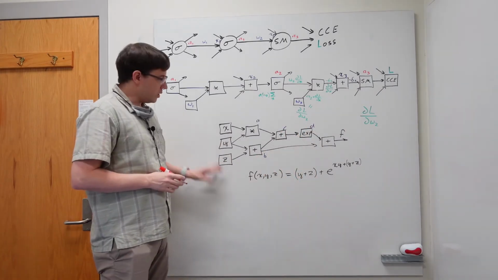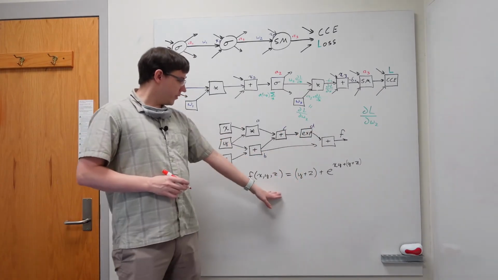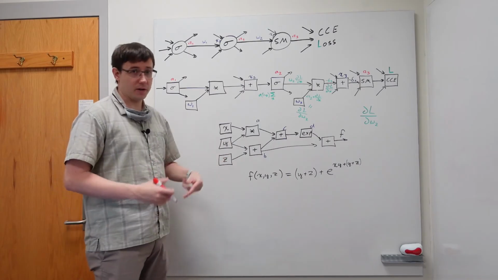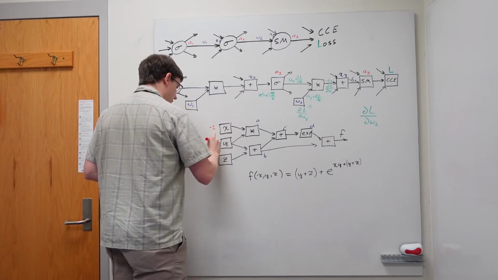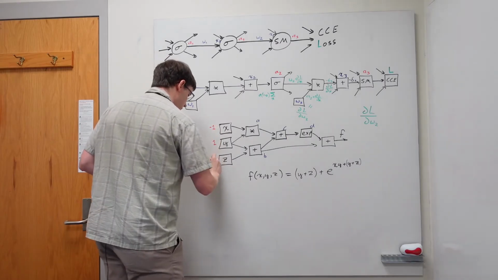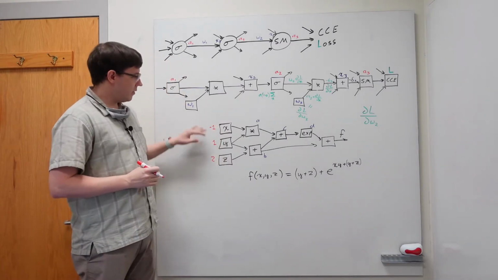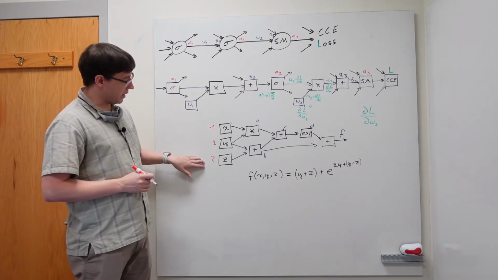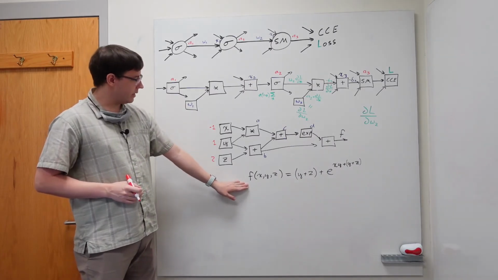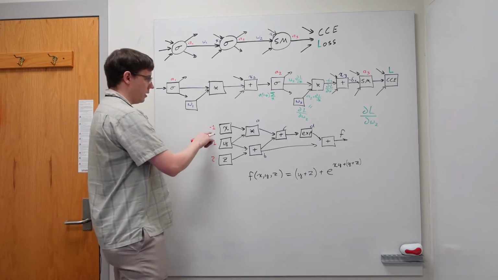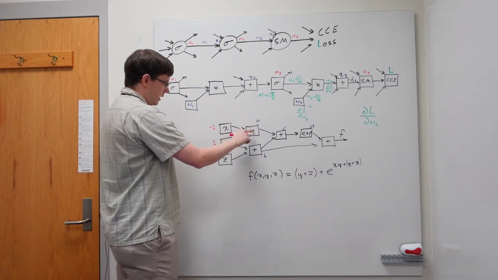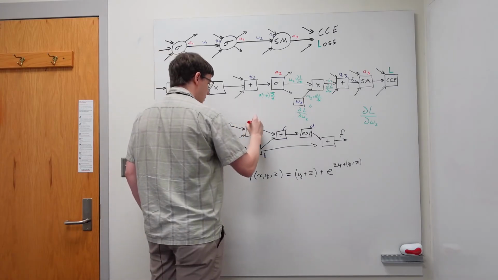If we wanted to compute the output of this function for some particular combination of x, y, and z, so let's say we had -1, 1, 2, then for this point in xyz space, we can compute the value of f by propagating values forward through the network. So x times y gives us -1.